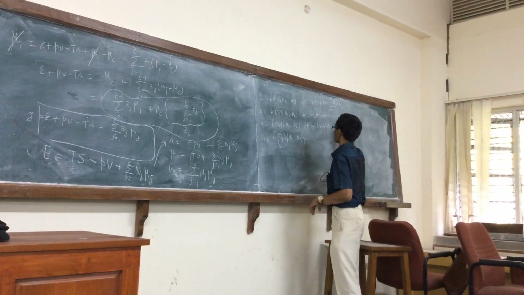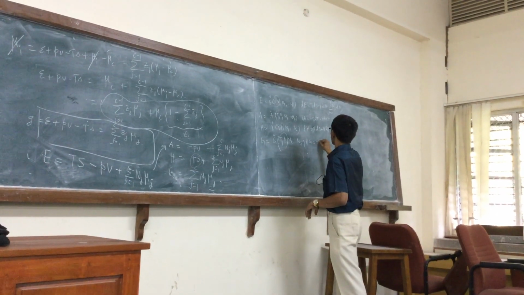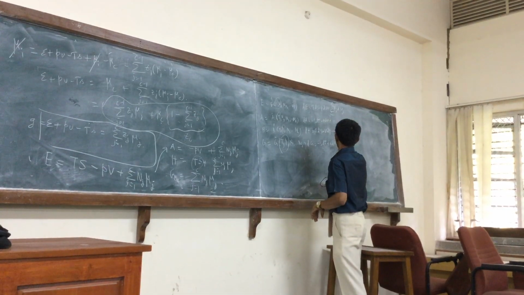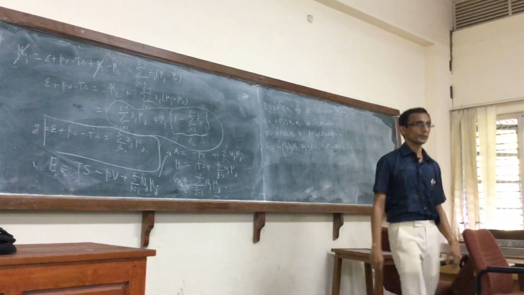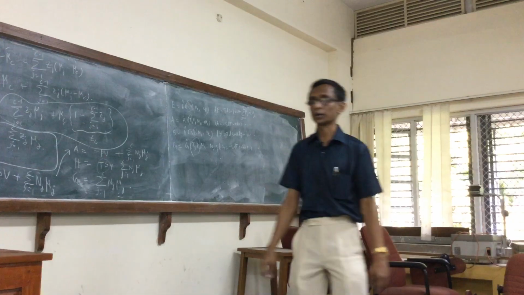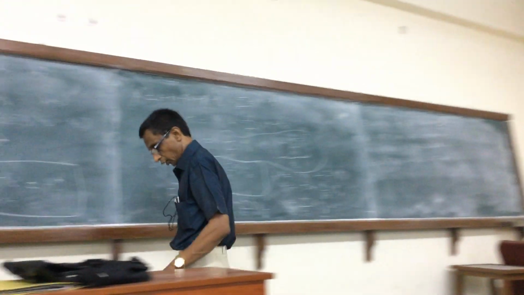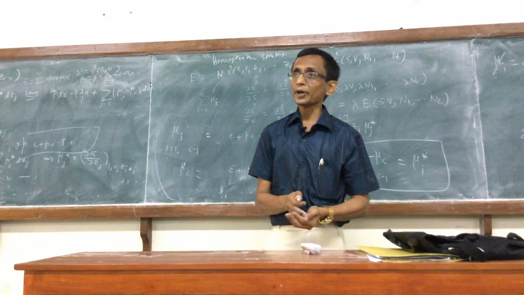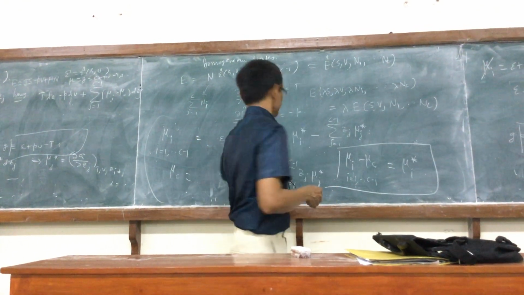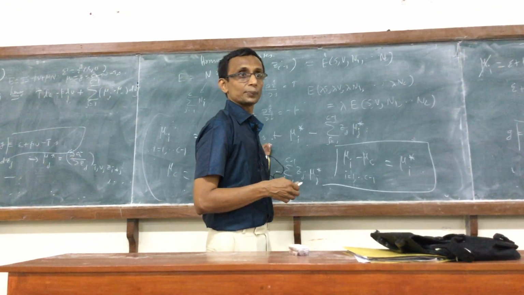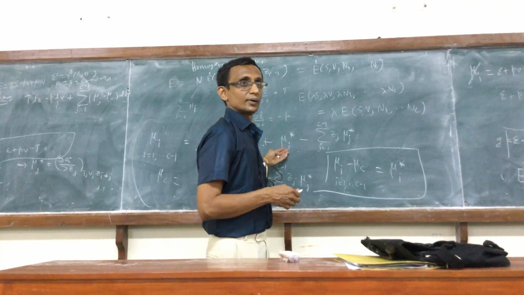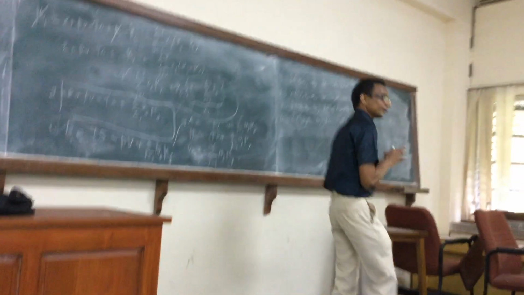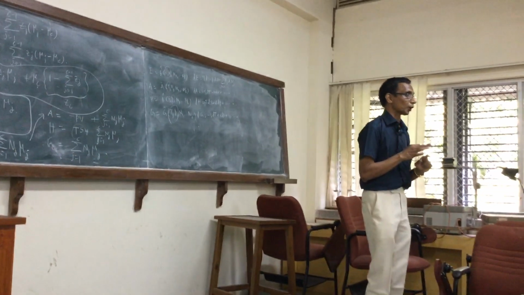The last term is the same all through, right? So now we also get the expressions for the chemical potential. You can see how complicated this is in terms of the specific variables, right? But the chemical potential in terms of the extensive variables is very direct and simple, right?